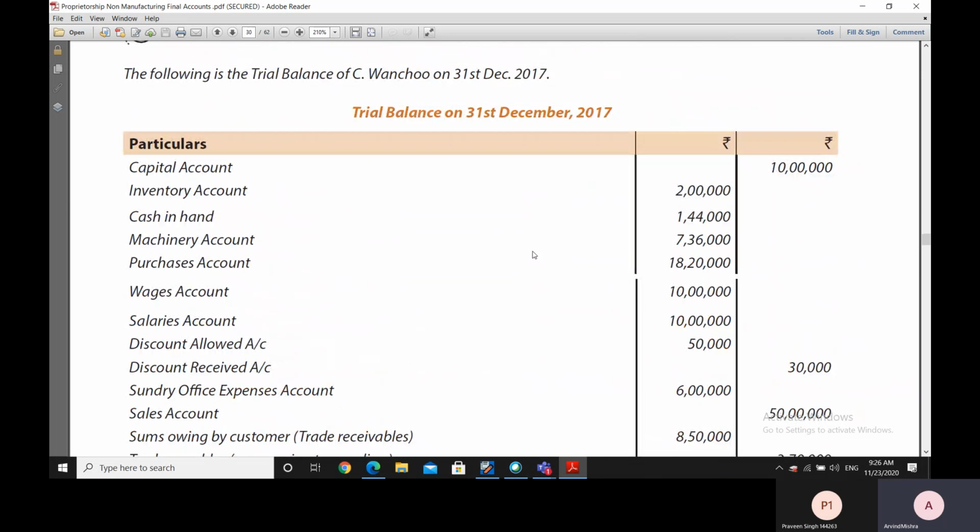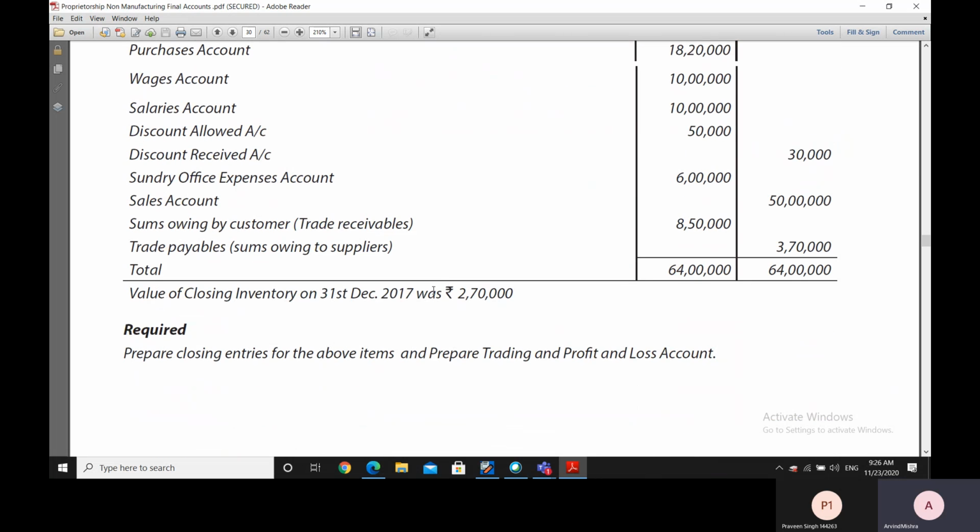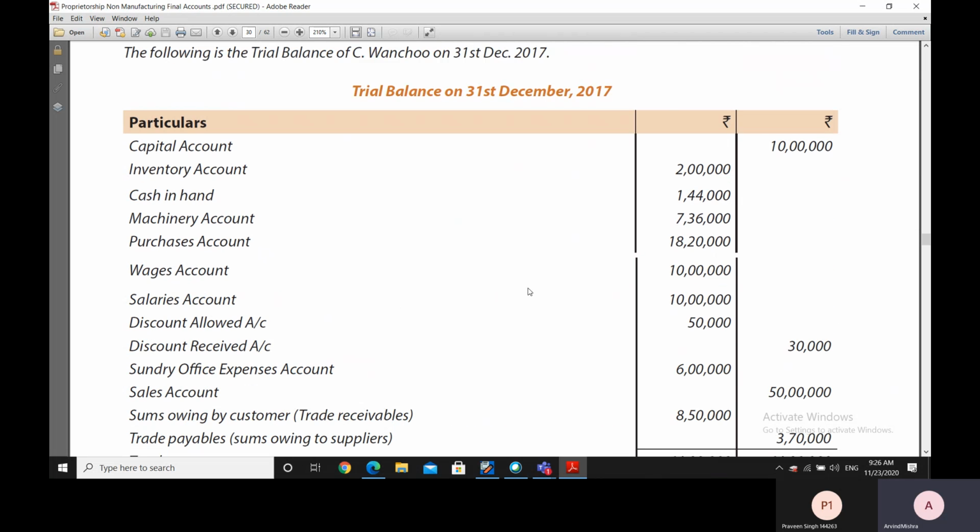So we have to explain this that there is an inventory shown here, 2 lakh rupees, on 31st December 2017, and there is a closing inventory value that is shown on 31st December 2017.